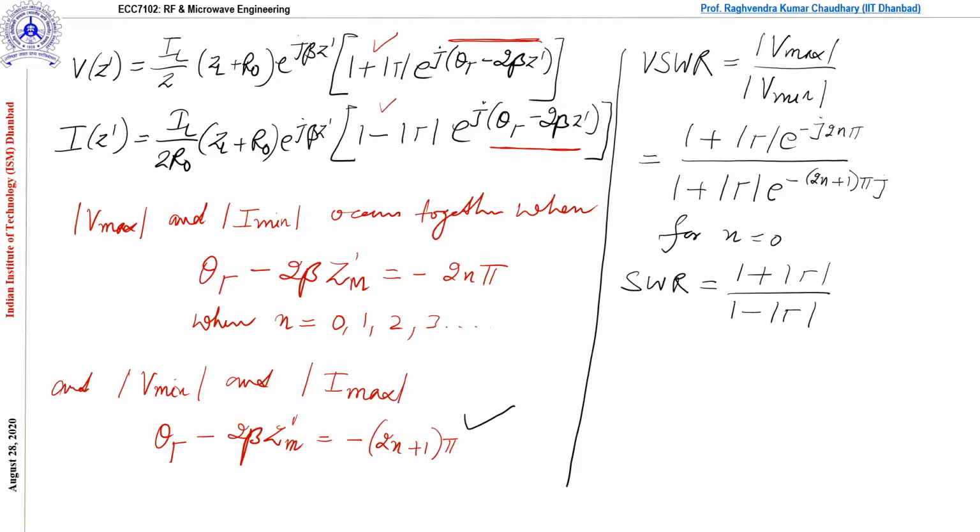Correct. So why are these standing waves forming? Because there is a mismatch, and when the mismatch occurs there will be a reflected wave, and at the same phase location maxima and minima will be oscillating at the same location. So this is actually the standing wave ratio. When we are talking about a transmission line, this is not good.